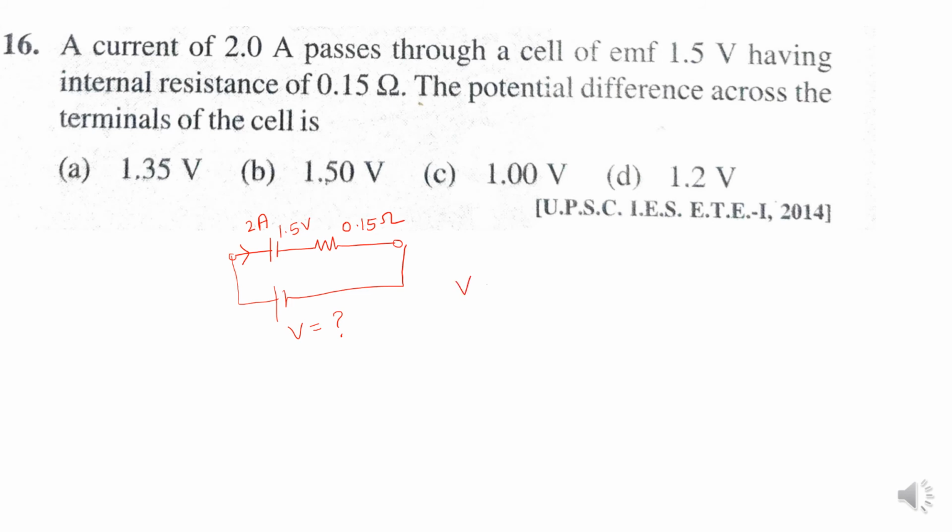This is a voltage rise of 1.5, then a voltage drop, and V is again a voltage rise, so V minus 1.5 plus 0.3 equals 0. So V minus 1.2 equals 0. V is equal to 1.2 volt, which is the correct answer.